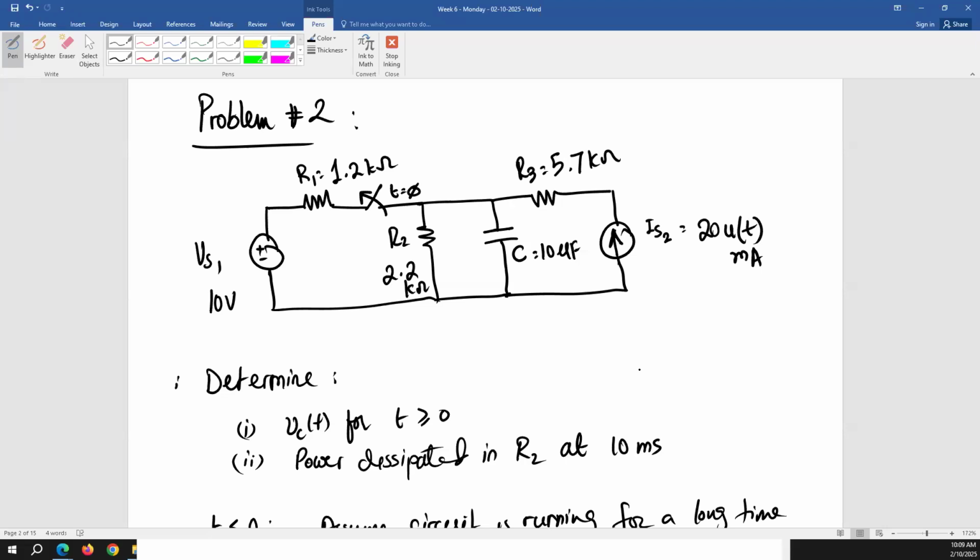Yes, Chris. Yeah, the switch is opened up, right? That whole R1 and VS1 is gone. Whatever is left is the circuit after t is equal to 0: R2, C, R3, IS2. I don't think it's difficult. You see what the switch opening takes out of the circuit. This part is getting out of the circuit right here. R2 is not getting out.